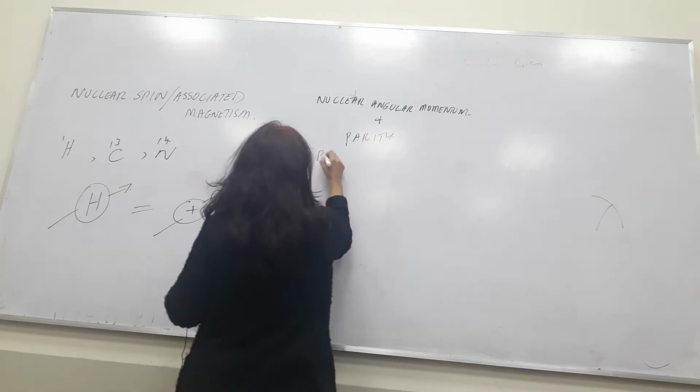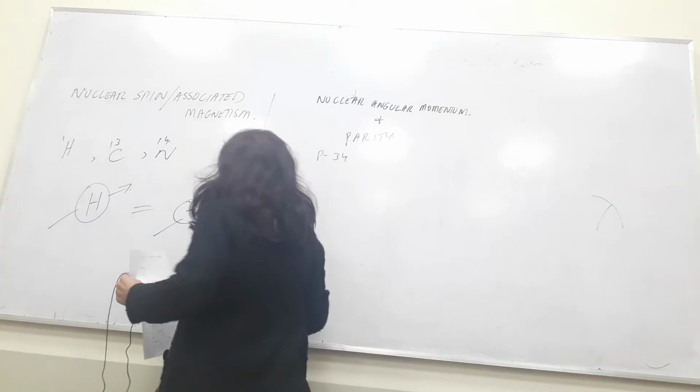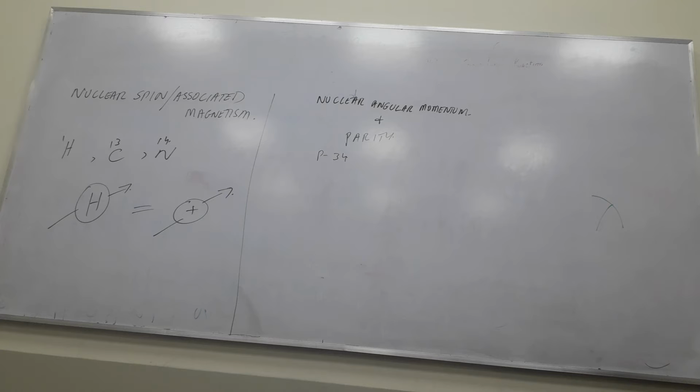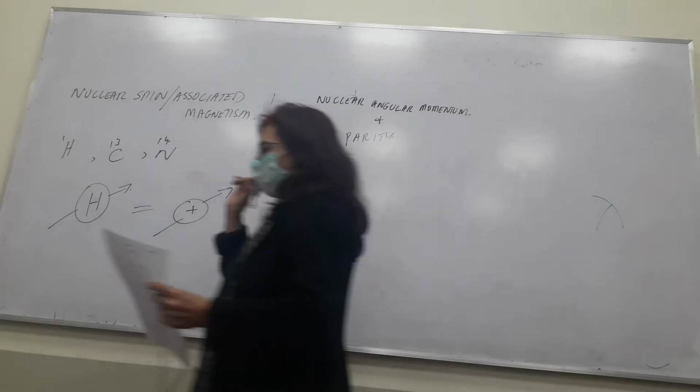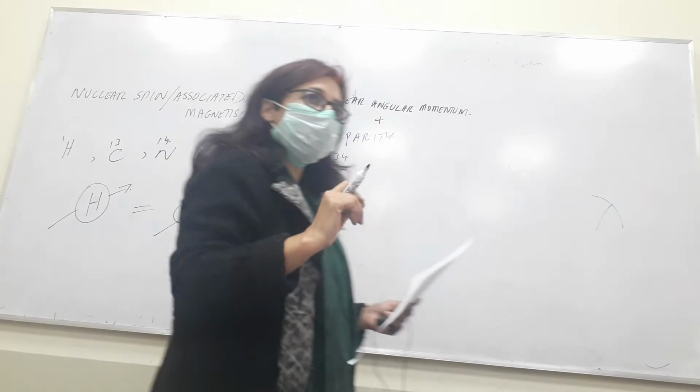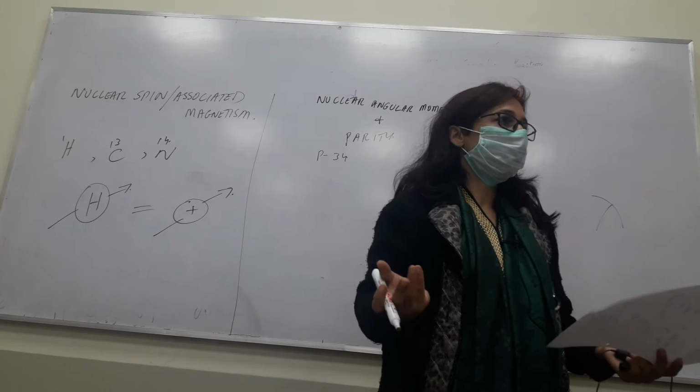If we look at page 34, like I said, we are using chapter number 2 as a reference. Students who have not studied this as an independent course do not have to worry about it, because we will just refer to the symbols or equations whenever we need or use them. It is not a part of your examination.